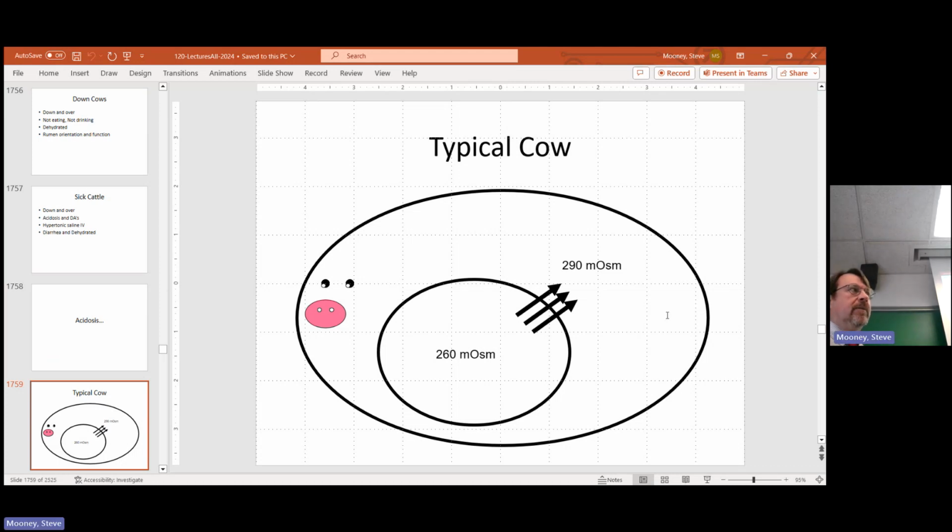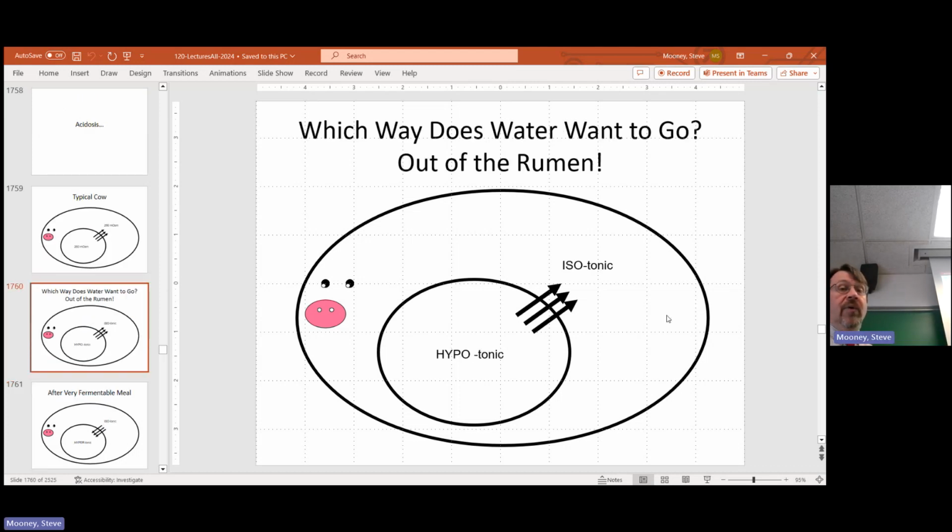What kind of tonic? It's hyper relative to the rumen, but that is in the body, it's always isotonic. So you have isotonic out here in the tissues, and normally you have hypotonic in the rumen.